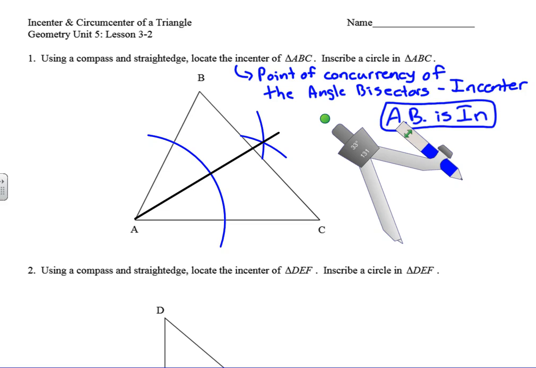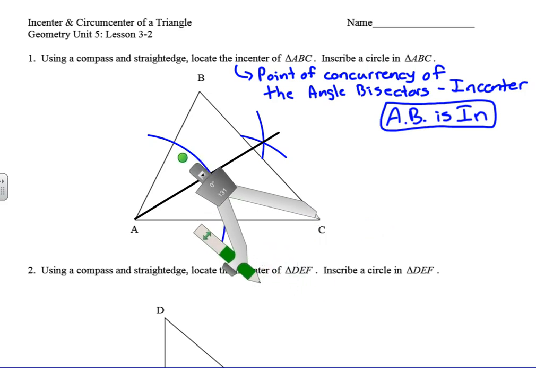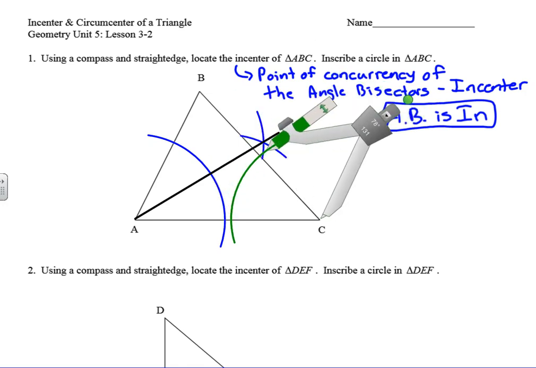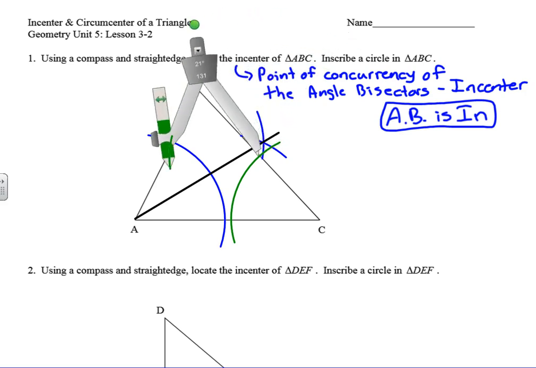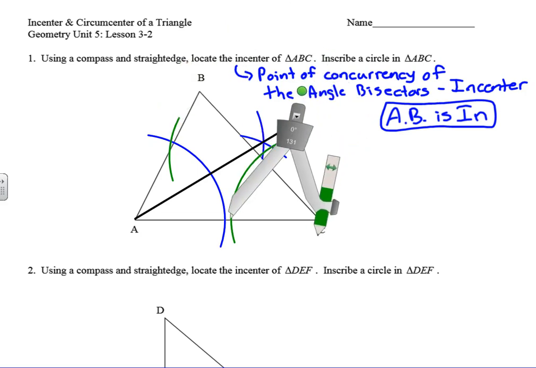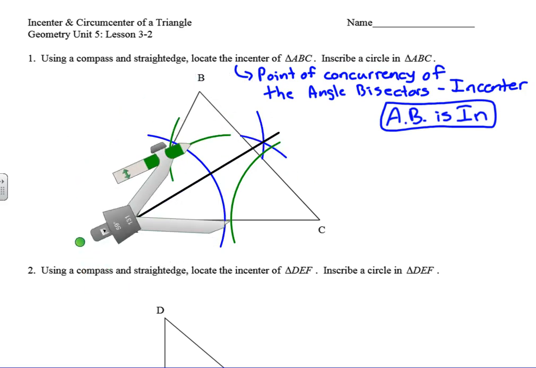Now I'm going to use a different color, and I'm going to come over and do the angle bisector for C. So again, I need a reference arc, and then I move my compass point up here. This should be familiar to us at this point of the year. So we swing here, and then we come down here, same compass setting, and we swing this one here.